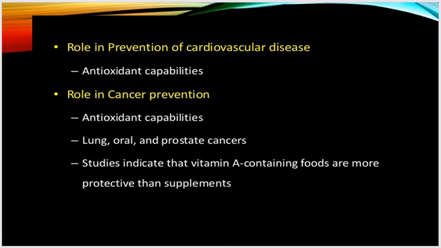For this reason vitamin A is also called the anti-cancer or antioxidant vitamin, because it has antioxidant capabilities. Lung, oral, and prostate cancers are best helped by the administration of vitamin A to patients. Studies indicate that vitamin A containing foods are more protective than supplements.